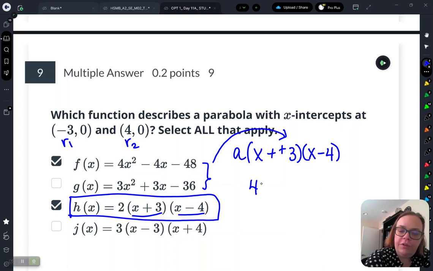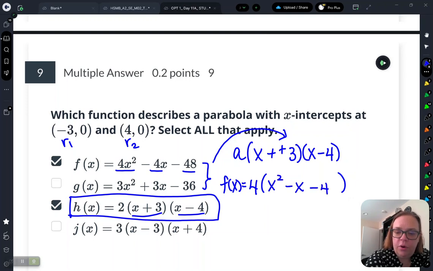So start with the first one, f of x. There is a GCF of 4 into all 3 terms. So that's the first thing we always want to do in factoring, take out the GCF. So that's going to be left with x squared minus x minus 48. Oops, sorry, I did not change the 48. You got to divide the 48 by 4 also. That gives 12. Sorry.